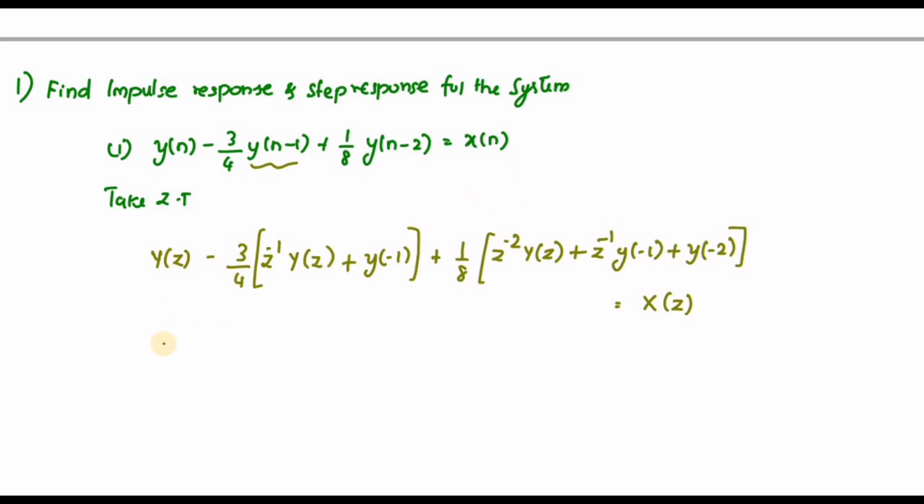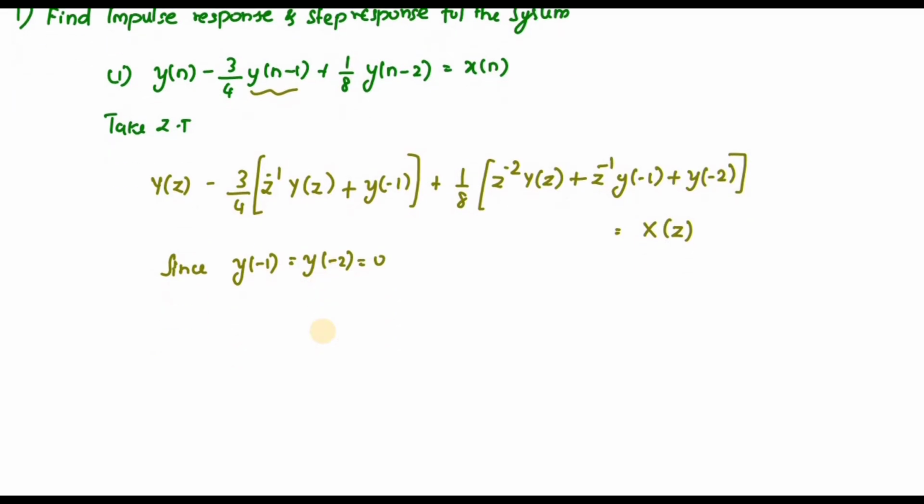Since they haven't given the values for y of minus 1 and y of minus 2, I have taken them as 0. If they are given, you have to substitute those. So Y(z) minus 3/4 z power minus 1 into Y(z) plus 1/8 z power minus 2 into Y(z) is equal to X(z).